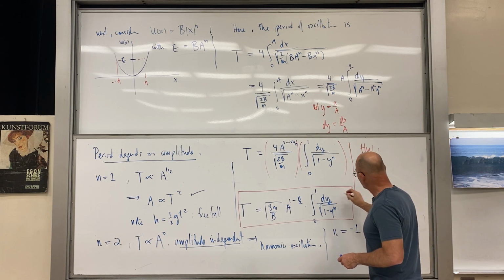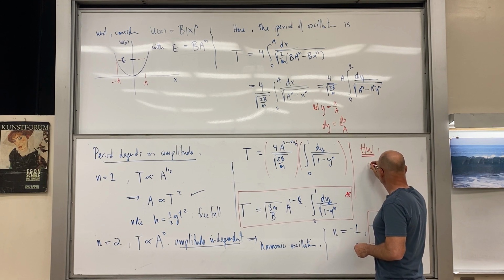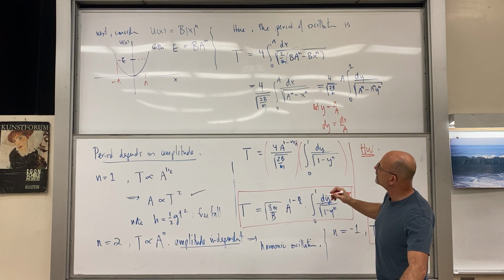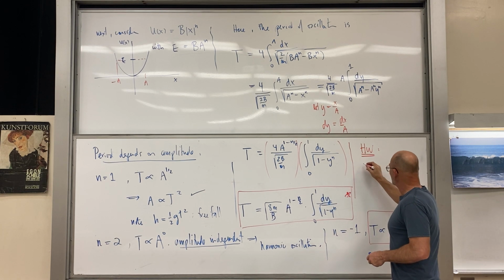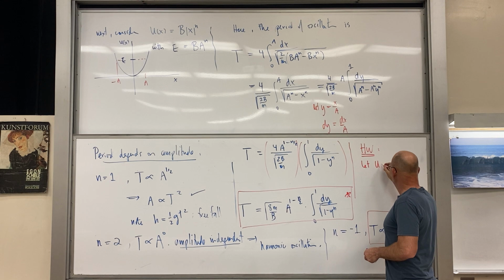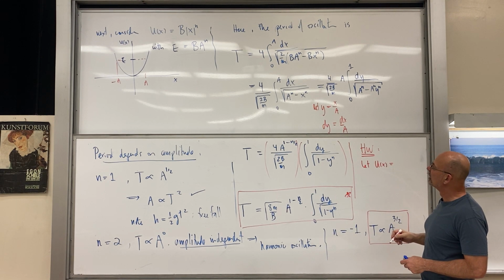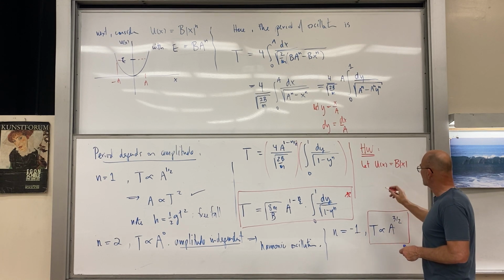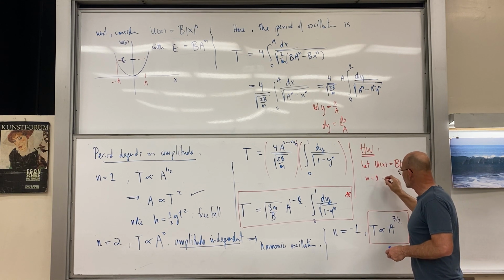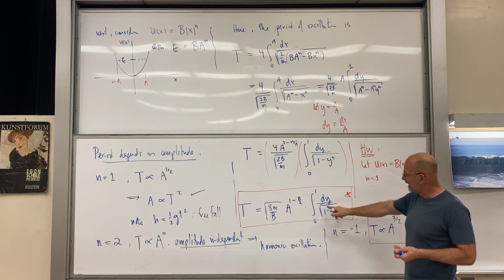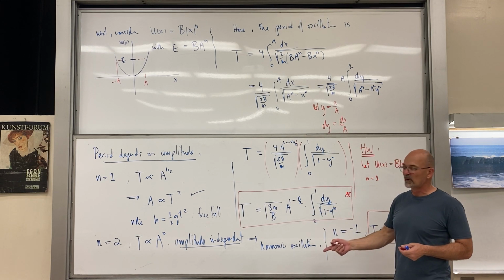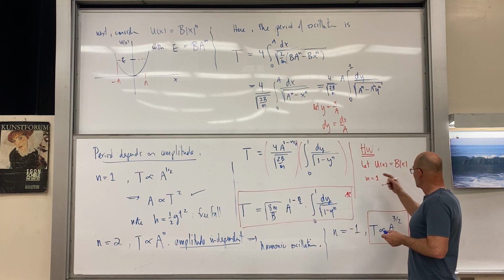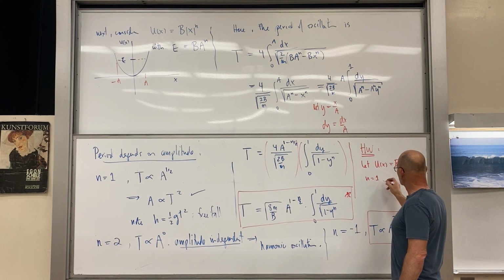So we've got this integral here, and the first thing we want to do is let u of x equal dx magnitude. That is to say, n equals 1, and then go ahead and complete the integration. It's roughly what we did before. That equals b of x, n equals 1.